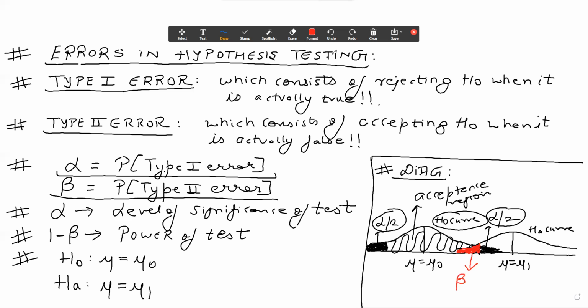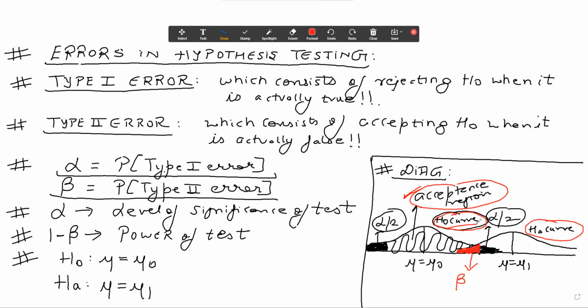Why? Because this area is lying under H0, acceptance region. That means the red area is lying within the acceptance region for H0, but it is lying under the HA curve.